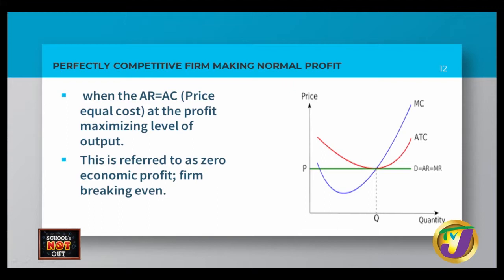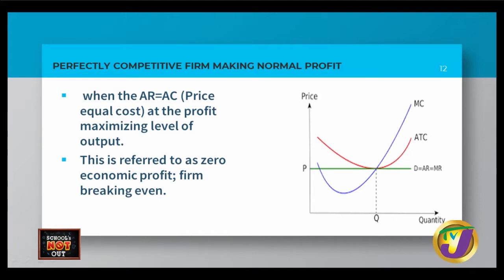Now, the previous slide asks, why is it that the firm will only make abnormal profit in the short run? The reason for this is that in the short run, if they are making abnormal profit, because there are no barriers to entry, other firms will enter the market.